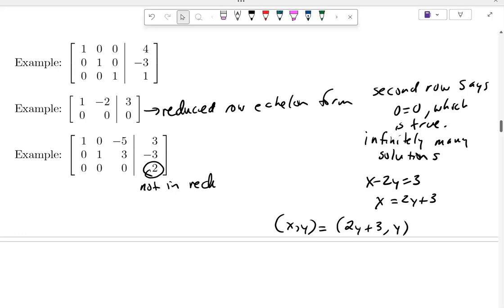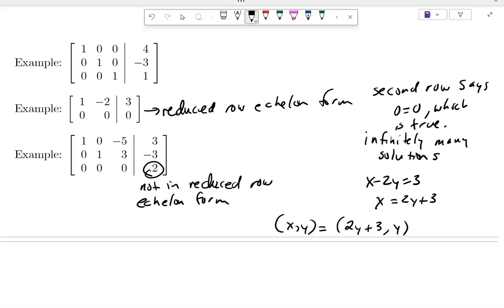However, it's pretty close, isn't it? That 2 would need to be what if I was going to put it in reduced row echelon form? It would have to be a 1, wouldn't it, if it's going to be in reduced row echelon form?